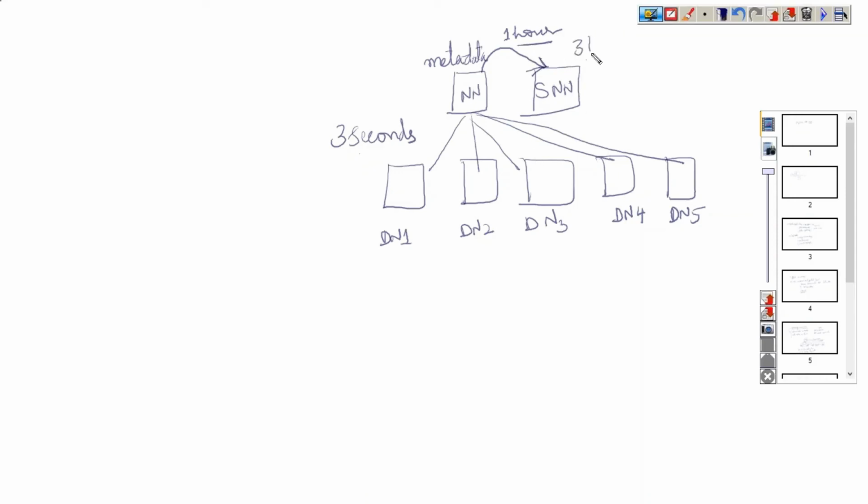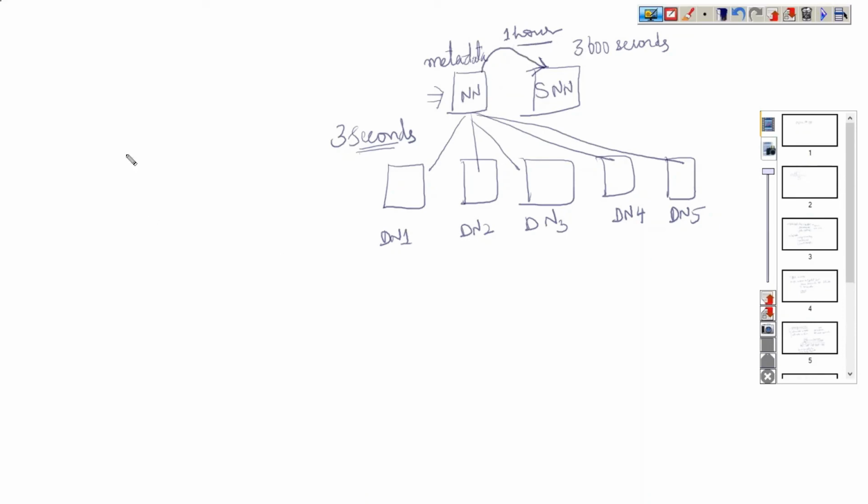That is 3600 seconds, 60 minutes, that is 1 hour. By default, the name node is designed to serve these data nodes first. If it's not able to serve these data nodes, HDFS will go down, the total process will go down, instead of doing this very frequently. So by default it has been set to 1 hour.